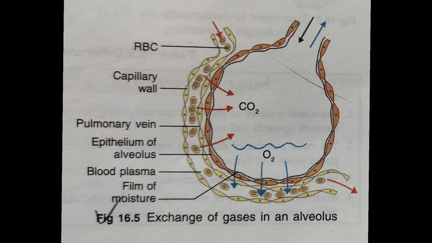Now, the oxygenated blood coming from the alveoli is collected in the capillaries, which join and rejoin to form the pulmonary veins, four in number, which empty into the left atrium, passing this oxygenated blood on to the left ventricle of the heart.